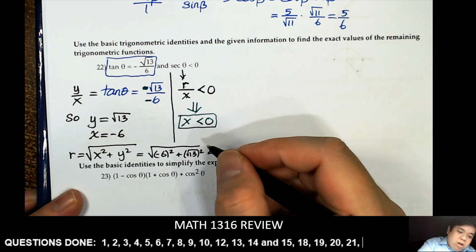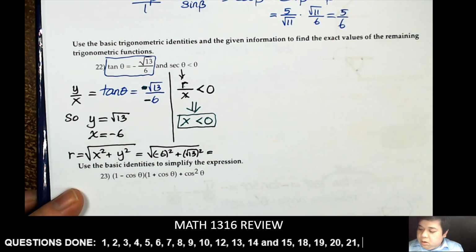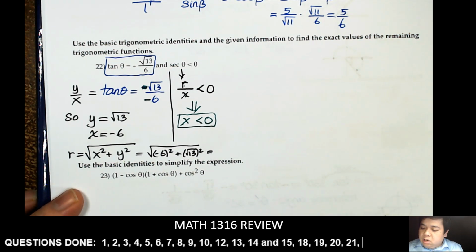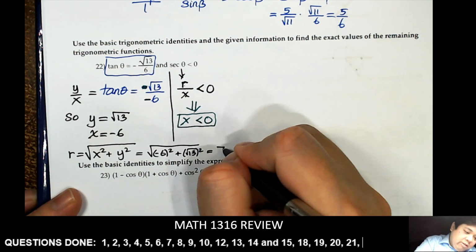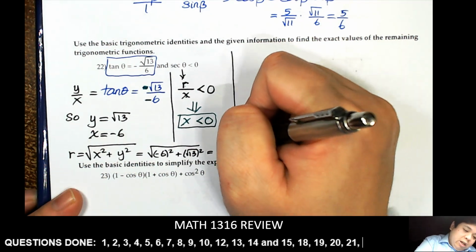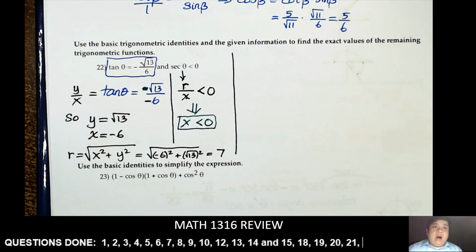So 36 plus 13 is 49, so that would be just 7. So r is 7. We have x is negative 6, y is square root of 13, and r is 7.